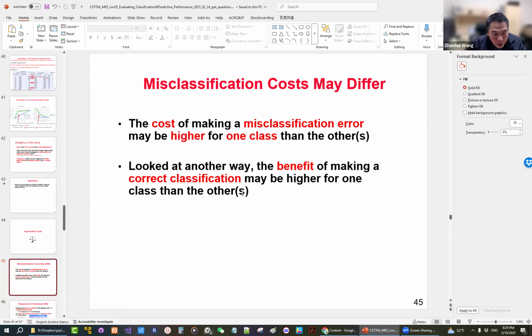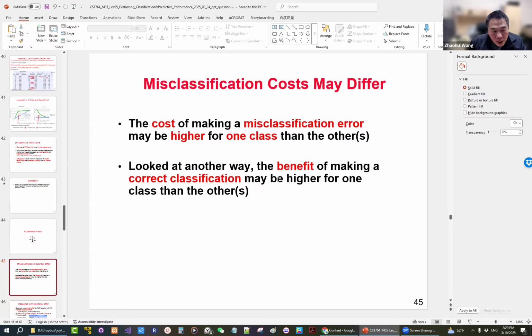The initial bins have higher benefits, and the later bins have less benefits.